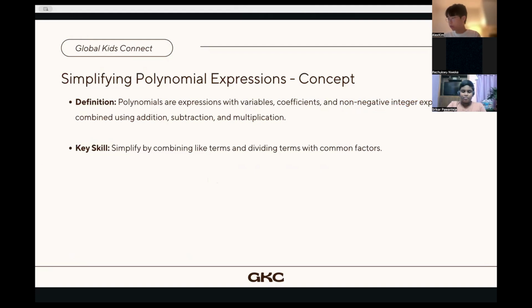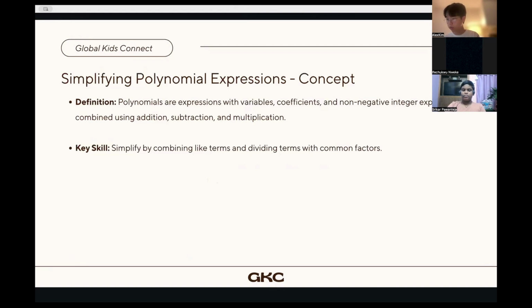Most of the polynomials that the digital SAT covers, especially longer polynomials with multiple degrees of exponents, usually have positive or so-called non-negative exponents. I can't be 100% sure, but I am pretty sure that negative integer exponents probably won't be on the digital SAT. So we're basically just combining such polynomials using addition, subtraction, and multiplication.